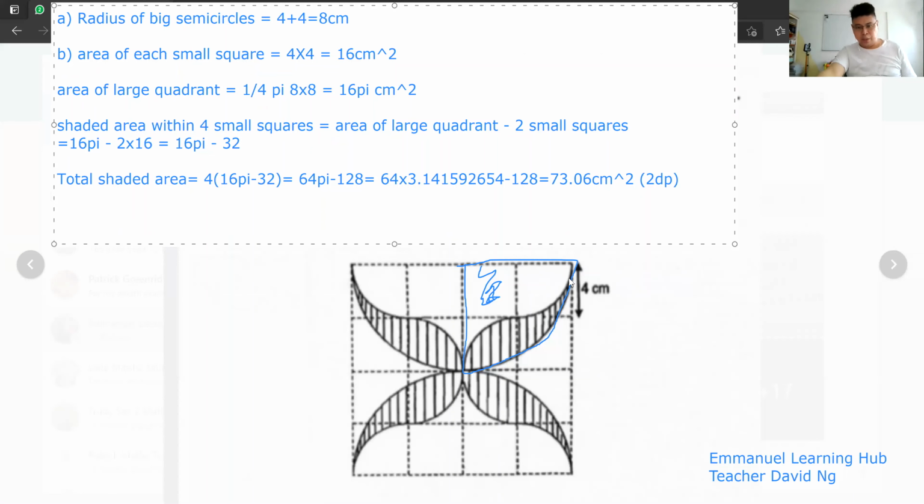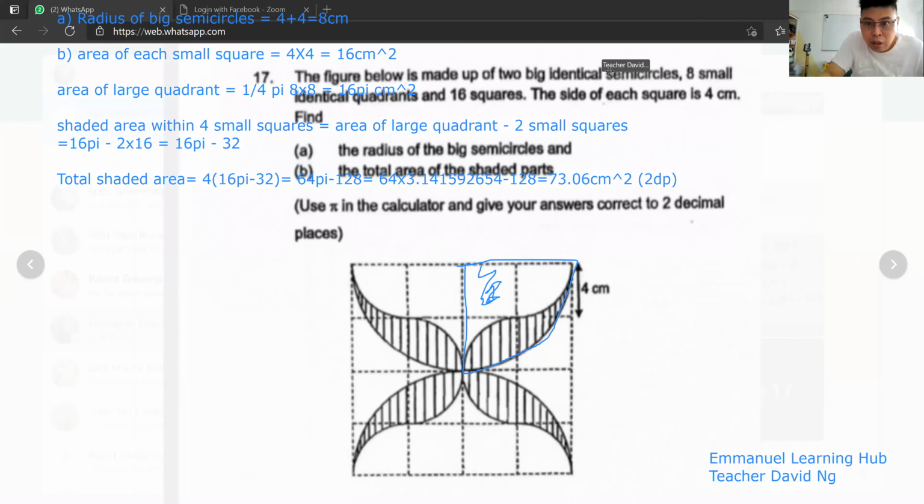Because this part here is the 2 small squares. It's actually this part. That's the reason. You have to understand that. If you understand that, then we move on. Okay, let me clear.